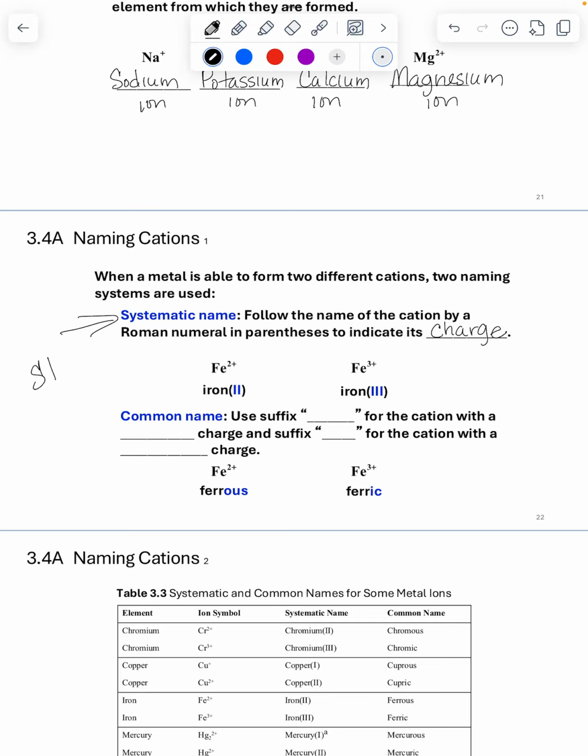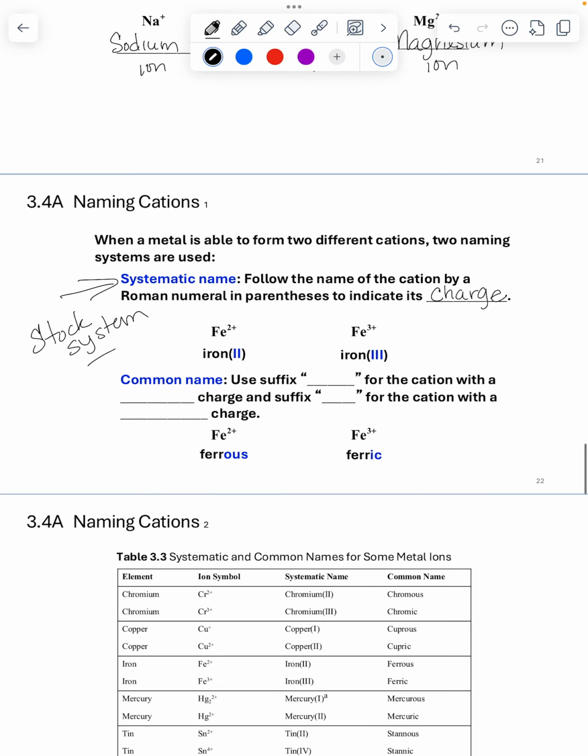There's another way of naming these called common names, and they use the suffix OUS for the cation with the smaller charge, and the suffix IC for the cation with the higher charge. And so we see an example here. We have Fe2+ and Fe3+.